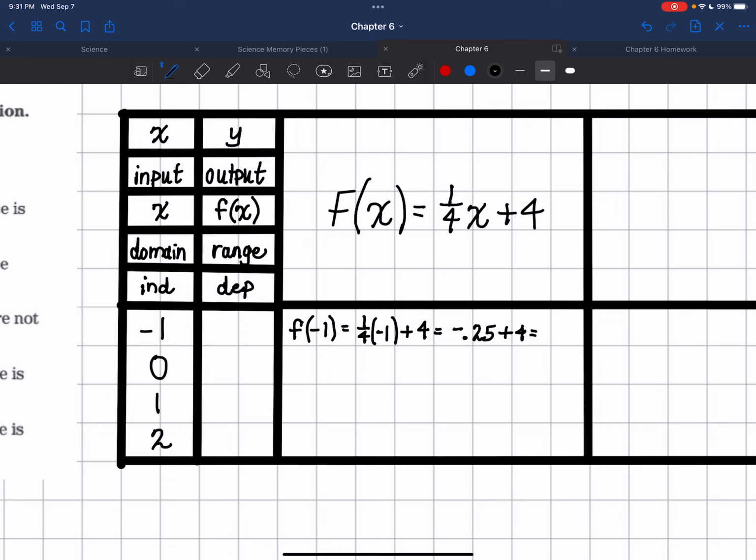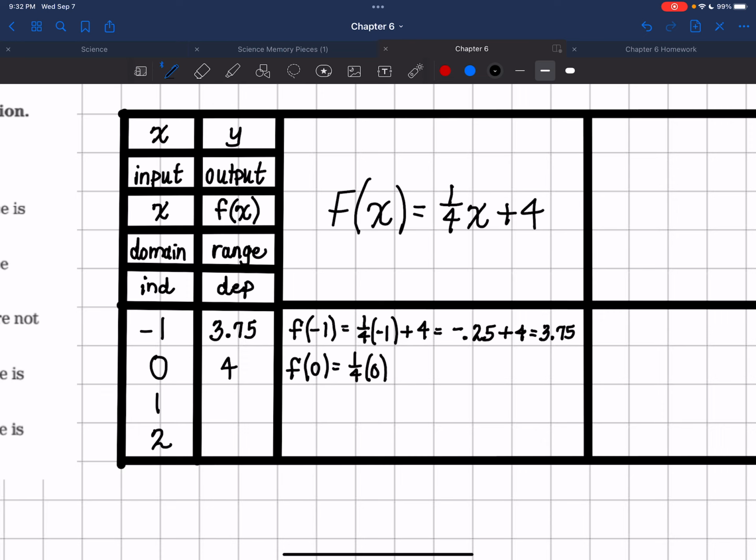And that will equal 3.75 positive. So when x is 0, I don't even have to do the math on this one. I can tell you that it will be the y-intercept because x is 0, but I will do the math just for practice.